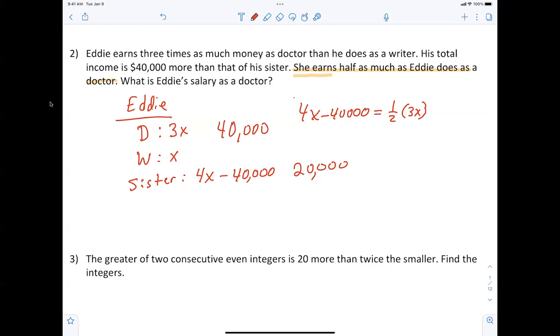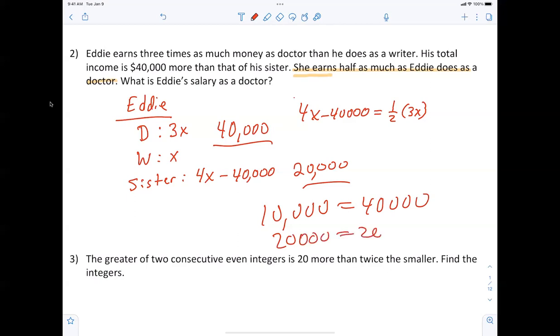Now watch, I know what your brain is saying. All right. So listen to me. I'm trying to make an equation between these two. Who do I take half of to make the equation equal? Do I take half of her and say 10,000 equals 40,000? Or do I take half of his and set it equal to hers? You see what I'm saying, right?